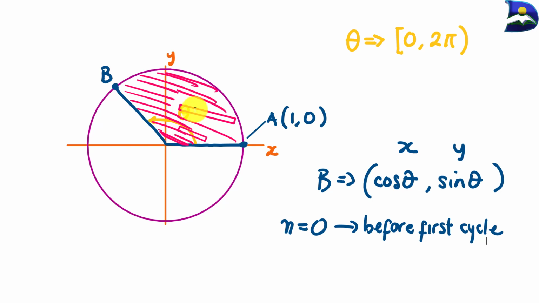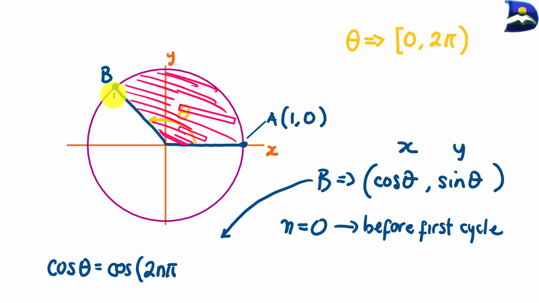And so when we extend our B to any periodic system, for our x coordinate, cos theta is equal to, for example, when this particular arm has made n amount of cycles, cos applied to 2 multiplied by n multiplied by pi plus theta.